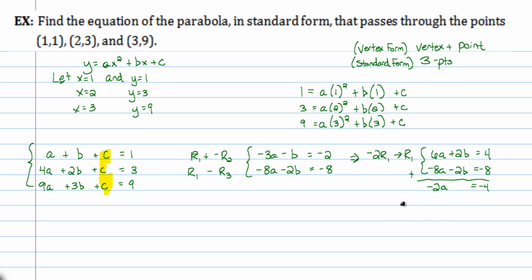If you've forgotten how to do all this, there's a playlist I have called Lots About Linears, and there's a lecture in there on solving systems of equations. Divide both sides of this equation by a negative 2 and you get that a is equal to positive 2. Since I know that a is positive 2, I can then use that to find b.